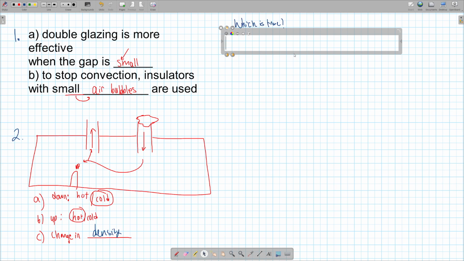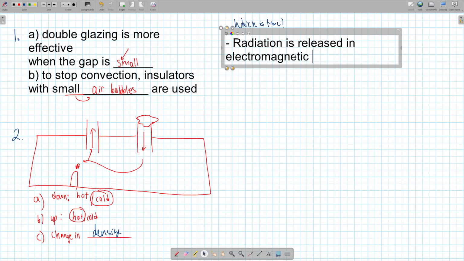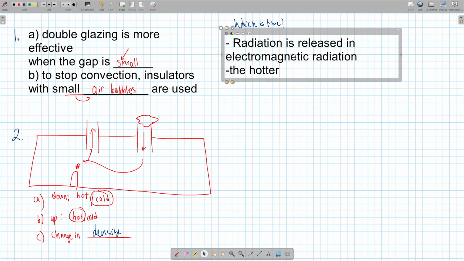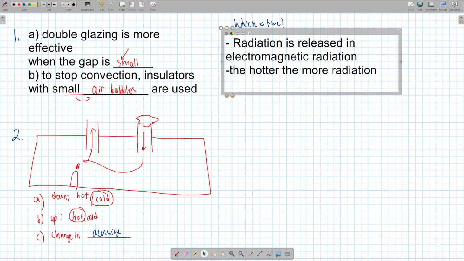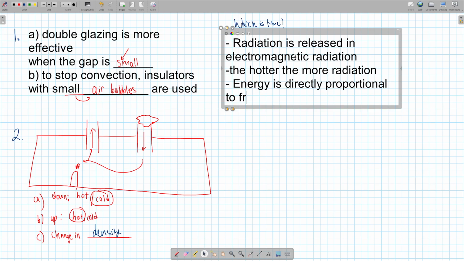The correct answers were: radiation is released in electromagnetic radiation; the hotter, the more radiation; and the last one, energy is directly proportional to frequency. Walid, why is this correct?